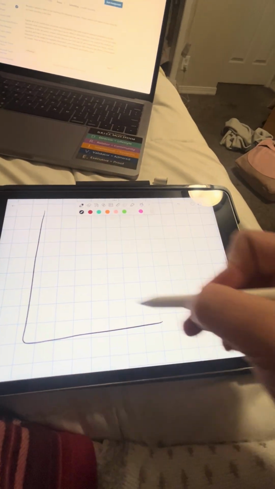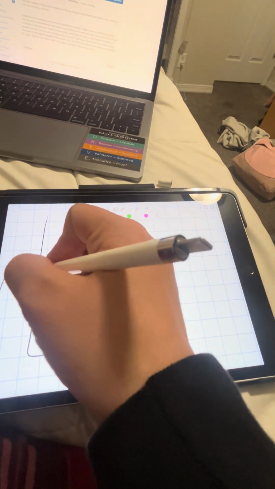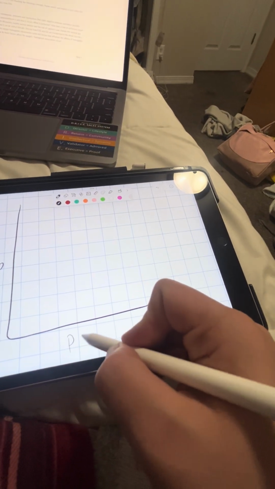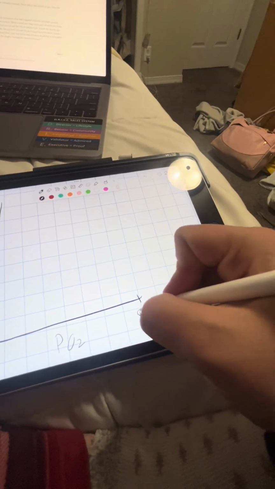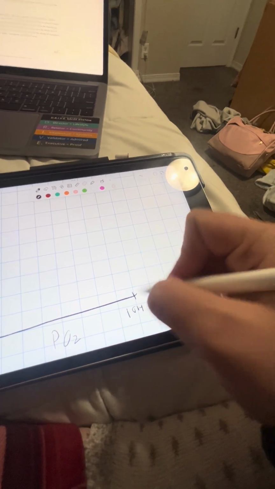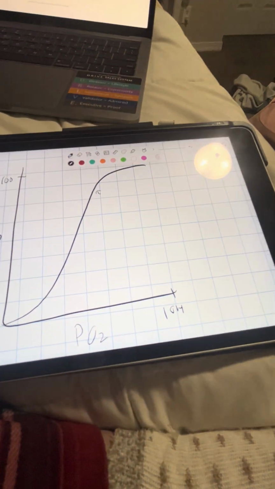Okay, hemoglobin dissociation curve. So you have your percent of hemoglobin saturation, then you have the pressure of your O2. Over here is like 104, where like your lungs, right? And then up here, this would be 100% saturation, and the curve is going to look like this, okay? This is, in clinical terms, the Ocrat point.